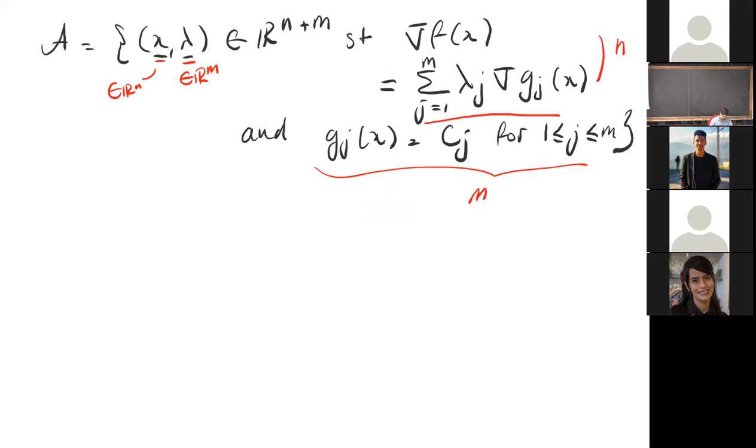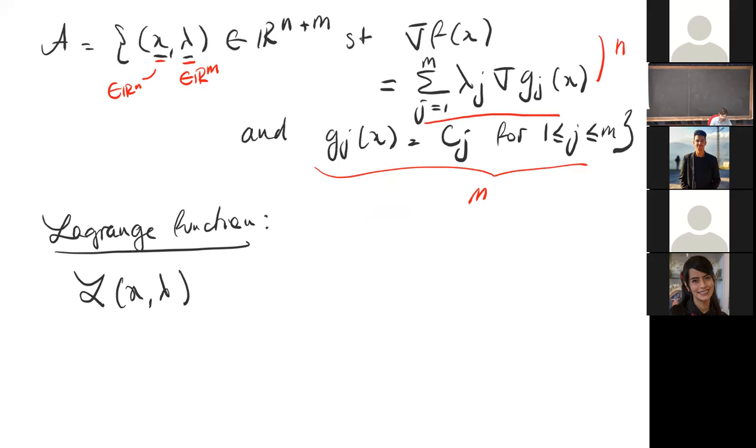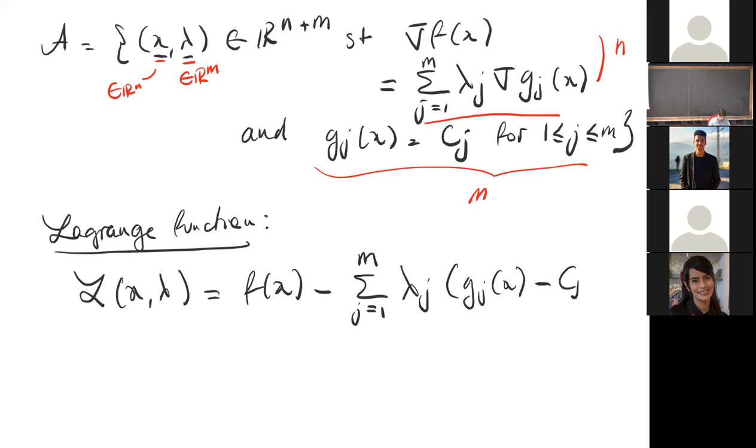So the Lagrange function is what? It is defined as L of (x, lambda), which is the original function minus the sum over the m constraints. So why did I introduce this function? Because the unconstrained optimization problem for this function is equivalent to the original constrained optimization problem.